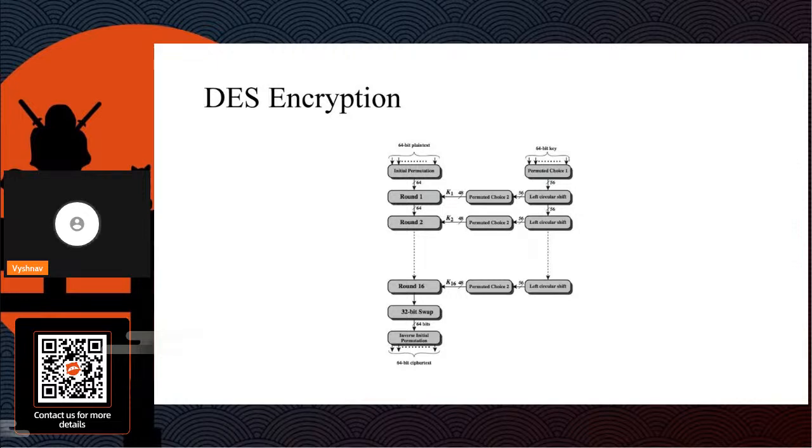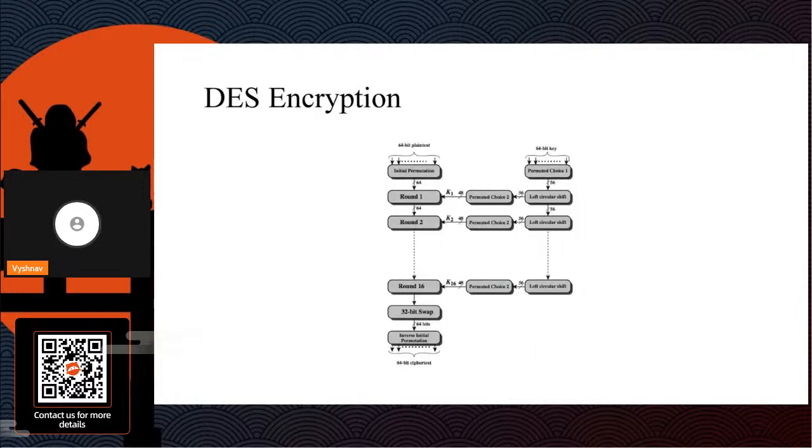The right side shows the handling of the 56-bit key. An initial permutation of the key, permuted choice one, selects 56 bits from the 64 bits. Then 16 stages generate the 48-bit subkeys using a left circular shift and a permutation of the two 28-bit halves.